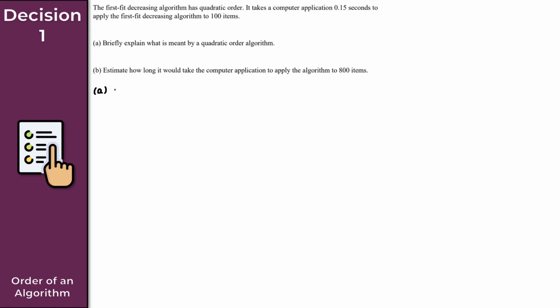So let's just make a note here then. If the size of the problem is multiplied by k, then under a quadratic order algorithm, the algorithm will take approximately k squared times as long to run, right? That is under a quadratic order algorithm. If we had cubic order, it would take approximately k cubed times as long to run.